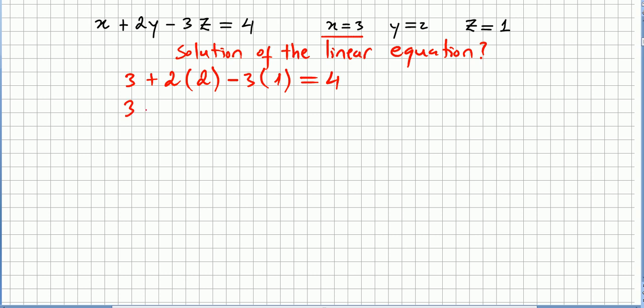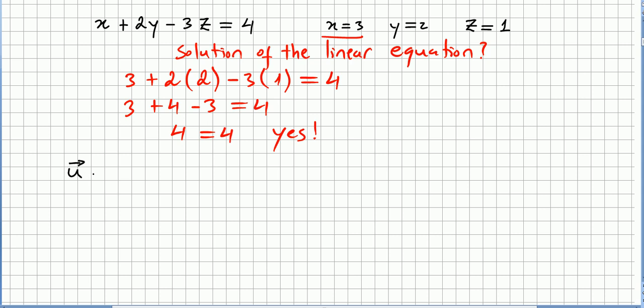So this will be 3 plus 4 minus 3 equal 4. Well, yes, because 3 minus 3, so we have 4 equal 4. So yes, x equals 3, y equal 2, and z equal 1 is a solution for the linear equation.